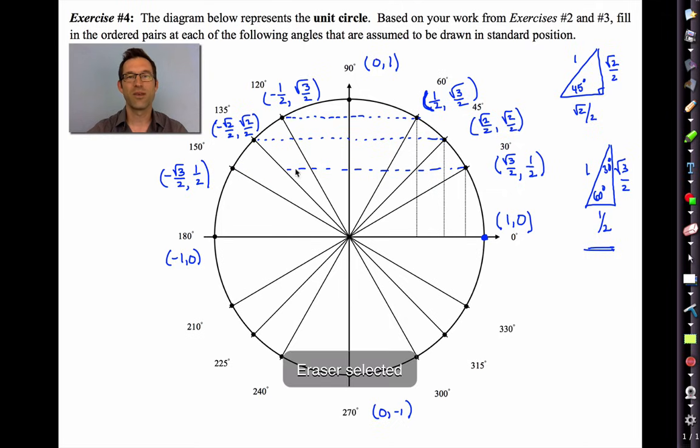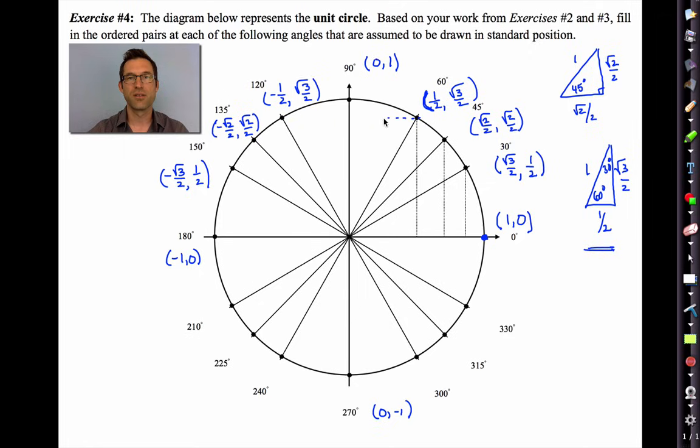All right, let me get rid of these dashed lines for a moment, because here comes the third quadrant. The third quadrant is going to be easy too, because this point down here is a reflection of this point across the x-axis, which means its x-coordinate should stay the same, but its y-coordinate gets negated.